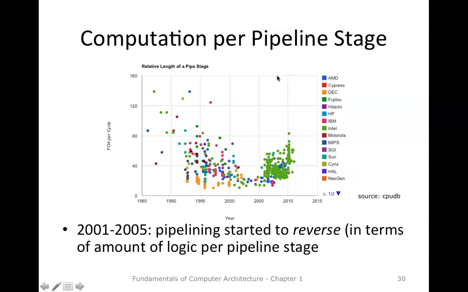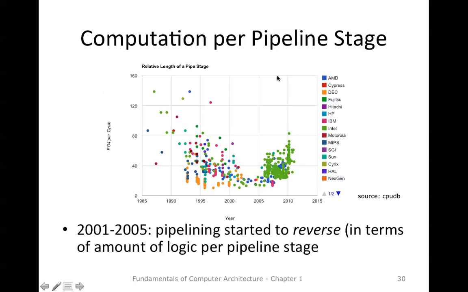Essentially, we slice the pipeline into more and more stages. Except that after 2001-2005, the trend reverses, which means we cram more gate delays into a single pipeline stage. We tend to do more in a pipeline stage than before.